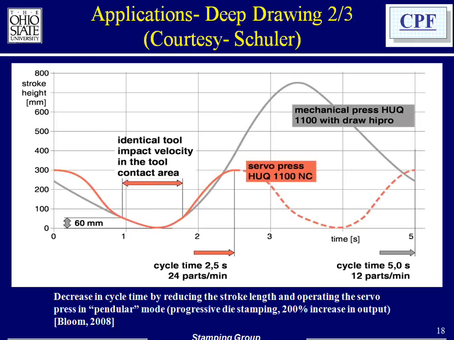As a result, the cycle time can be reduced drastically, in this case 100%, and of course you have increased productivity. But this is the case when you need flexibility in your shop, and sometimes you need large strokes, and sometimes you need small strokes. So that capability and flexibility also exists.